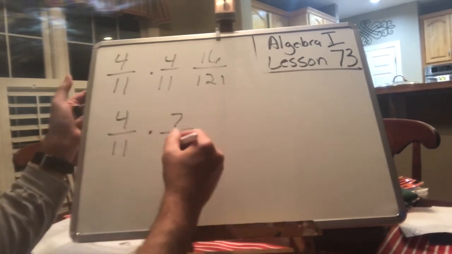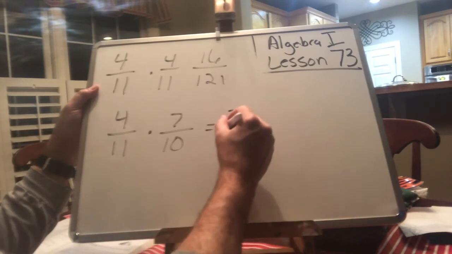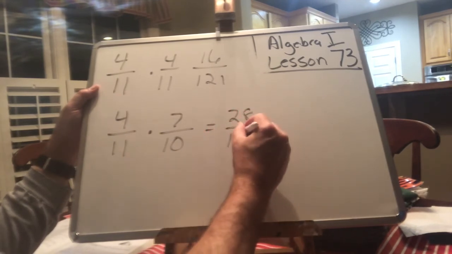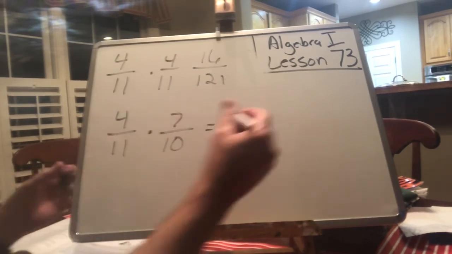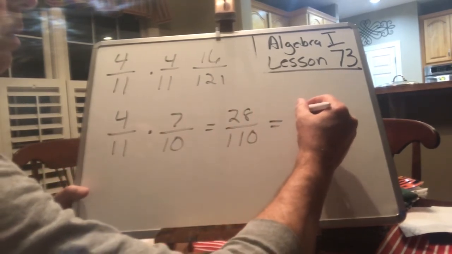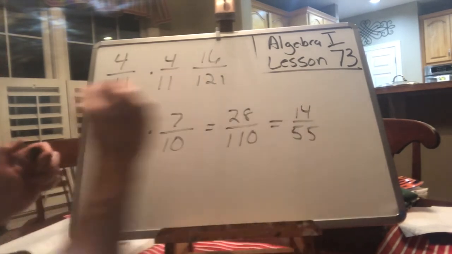So now, I did not replace it. That's going to equal 28 out of 110, right? And of course, this does reduce down to 14 out of 55.